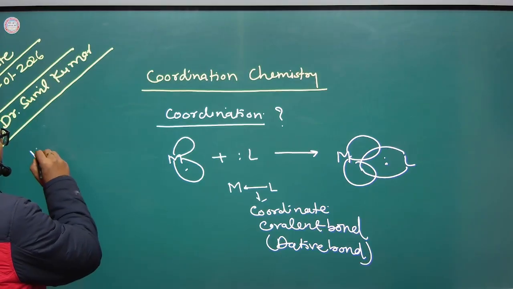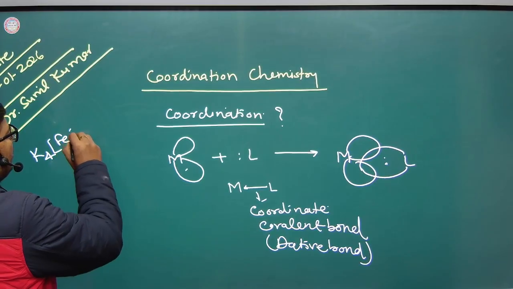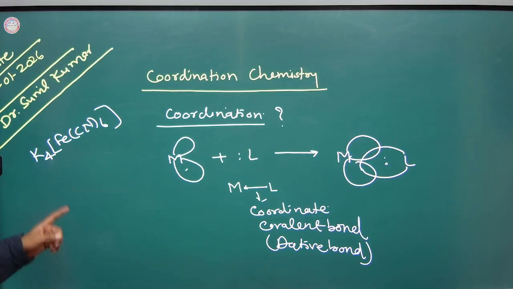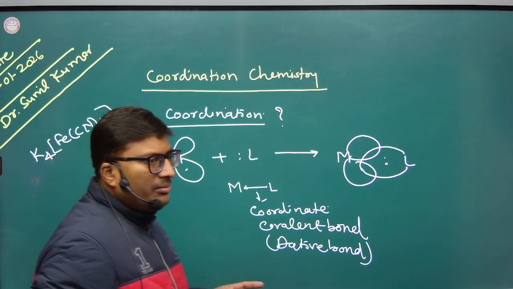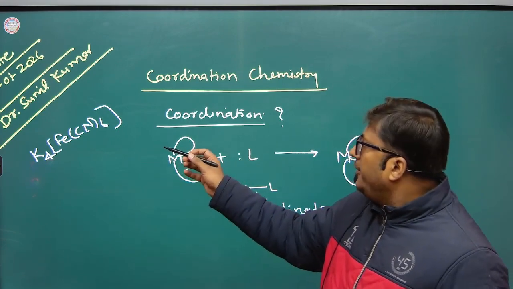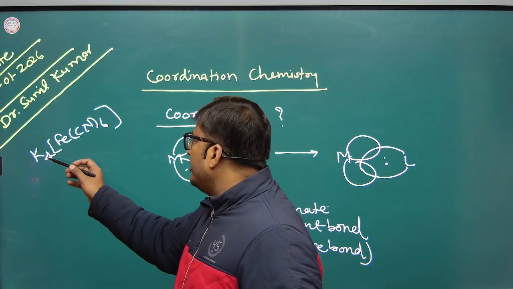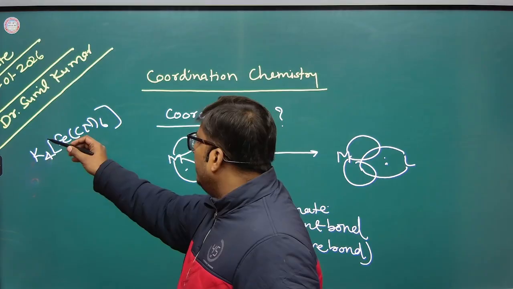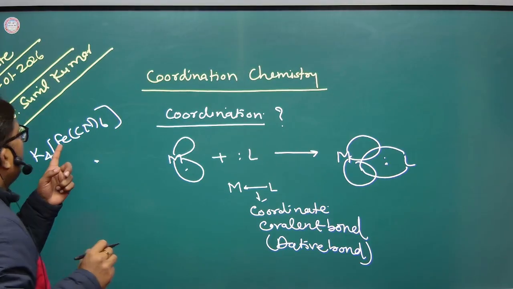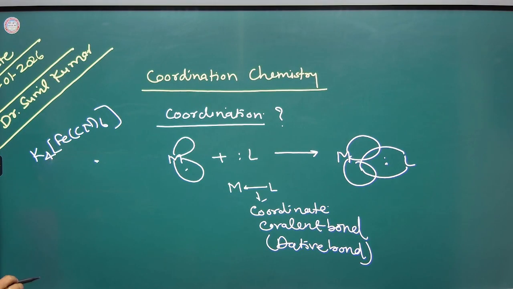Suppose we have one example, that is K4[Fe(CN)6], right? This is the chemical structure featuring different elemental centers. Here K4 is potassium, and in the square bracket there is the metal iron and CN, that is the cyanide ion.